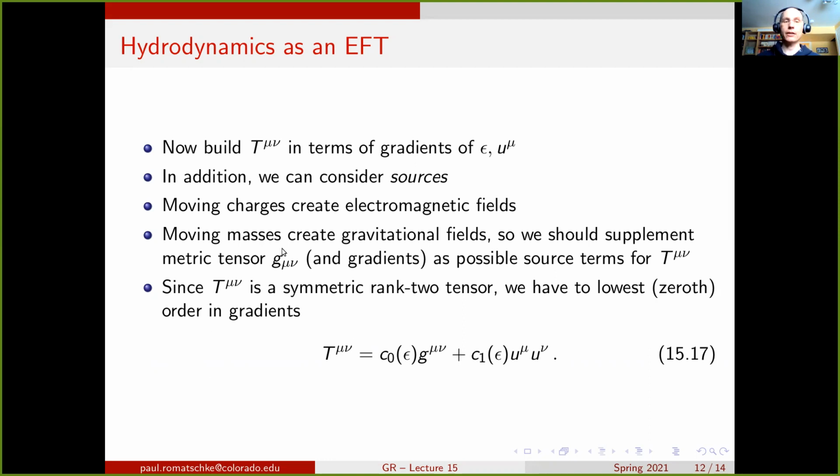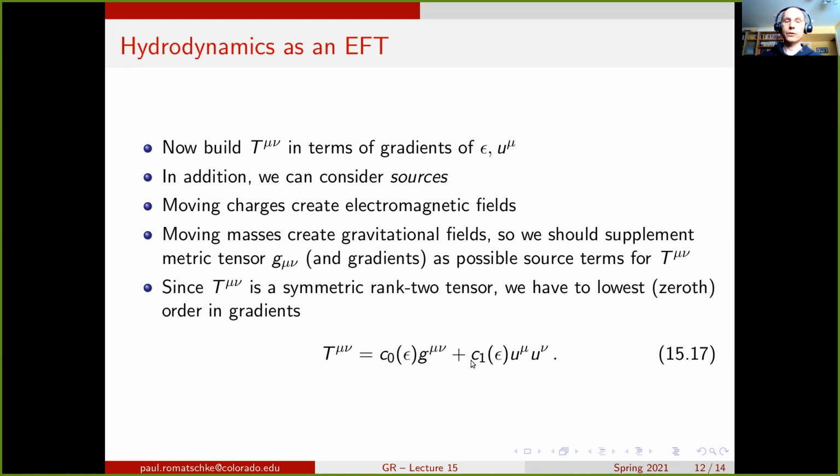What we have is a rank-2 metric tensor. Clearly, that can be a good contribution to T^{μν} if we have some coefficient c_0 that in principle can be a function of the energy density ε. In addition, because T^{μν} is supposed to be a symmetric rank-2 tensor, we can use the quantity u^μ to build another rank-2 symmetric contribution, namely u^μ u^ν.